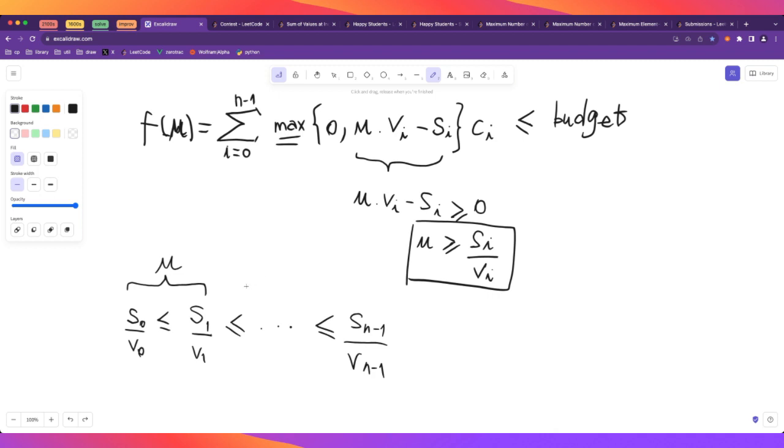That means that this u, which is within this range, is going to be less than this, and than all of them except for this one. So if u is less than all of those, then this is going to be negative, and all the terms are going to be 0.